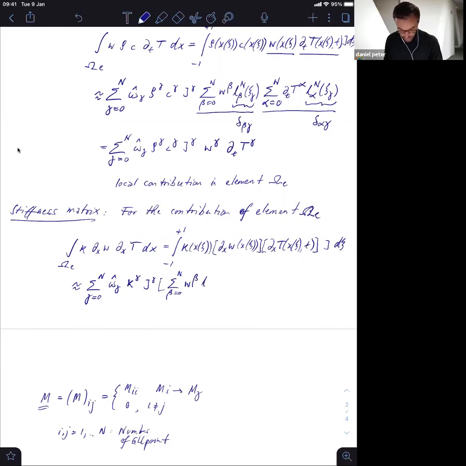And you see that derivatives with respect to space become the derivatives of the Lagrange polynomial. So we have these L prime polynomials, L prime n at position xi gamma, and the additional derivative of xi with respect to x evaluated at xi gamma.